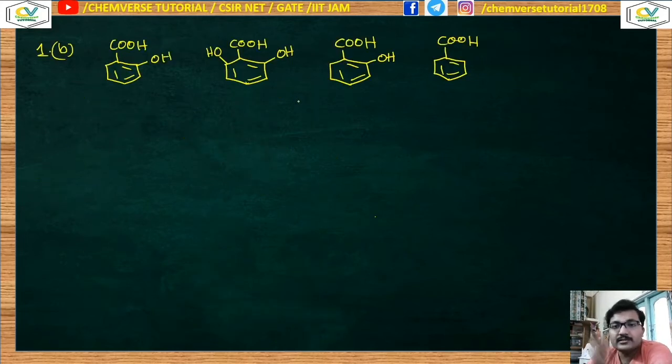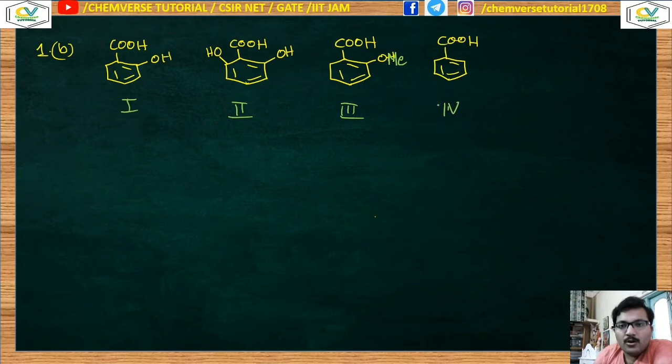Now moving on to this question. Here there will be O-methoxy. Here all the substituents, 1, 2, 3 and 4, are present in the ortho position. Here it is ortho position, here also ortho position, and here also ortho position.